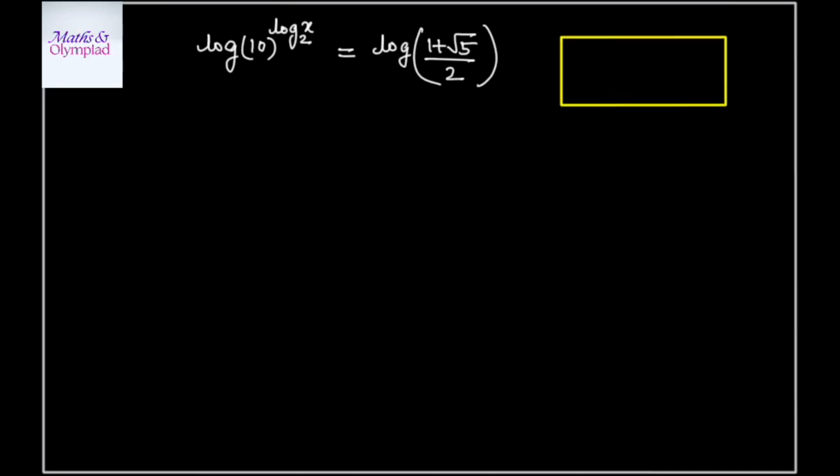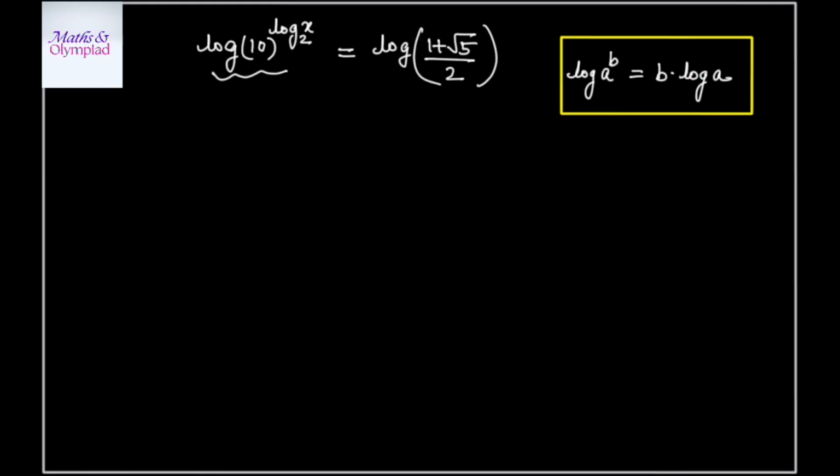Now we have a property which says log a raised to the power b equal to b times log a. So I will apply this law on the left hand side. So I can write log x to base 2 times log 10 equal to log of 1 plus root 5 over 2.